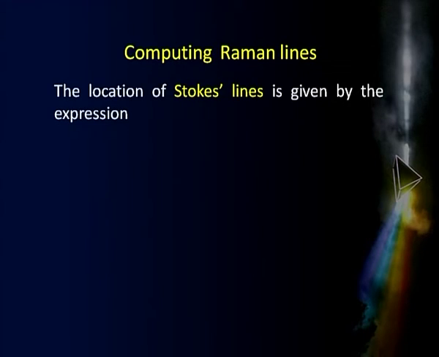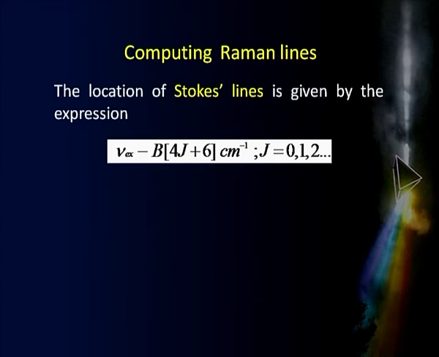Now, the second step was to compute the Raman lines. The first requirement was to find the location of the first Stokes line. We know that the location of Stokes lines is given by the expression we talked about some time back: nu incident or excitation frequency minus B times (4j plus 6), where j is 0, 1, 2 and so on.